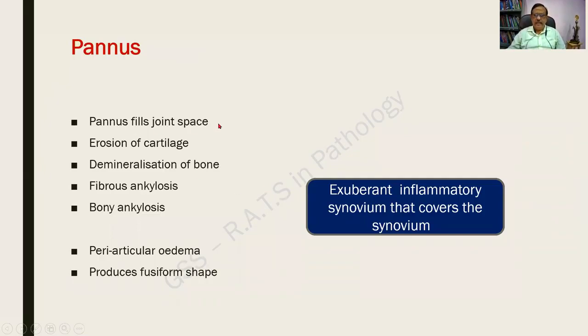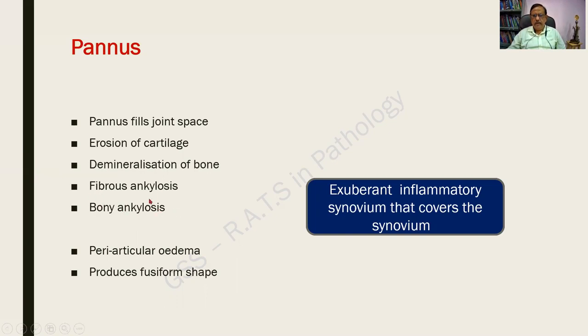Sometimes the pannus is just flat, but later on it can become larger to fill the entire joint space. There will be demineralization of the underlying bone, erosion of the cartilage. And in some cases, you find that the bones themselves will be fused, which is called bony ankylosis.